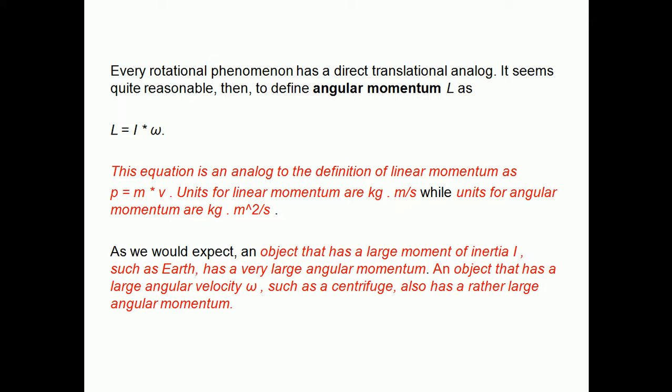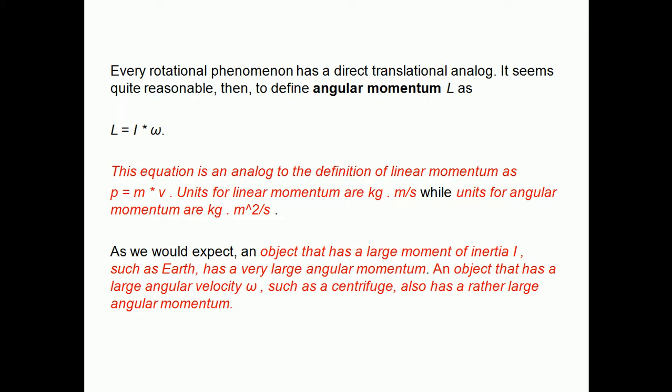As we would expect, an object that has a large moment of inertia I, such as the earth, has a very large angular momentum, and an object that has a large angular velocity, such as a centrifuge, also has a rather large angular momentum.